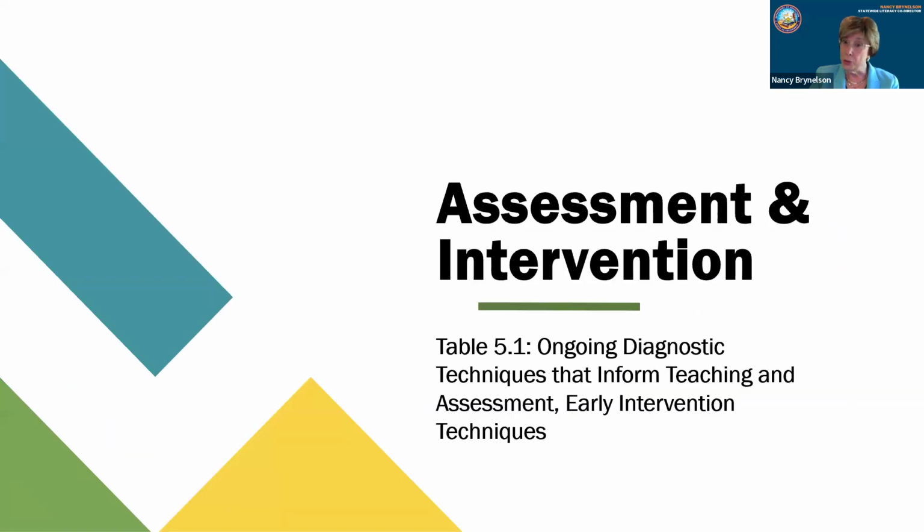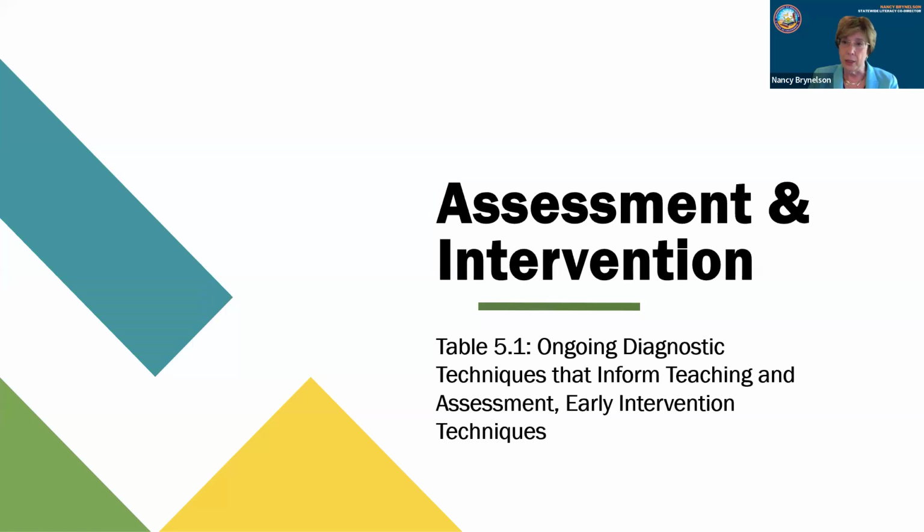That takes us to assessment and intervention. So this is table 5.1. And at this point, you're probably thinking, okay, we're getting close to the end of what you need to do for certification. This, in shorthand, is assessment and intervention, or ongoing diagnostic techniques that inform teaching and assessment and early intervention techniques.